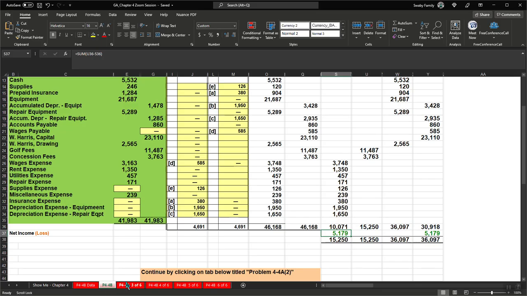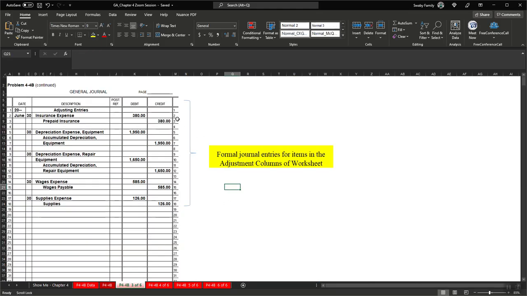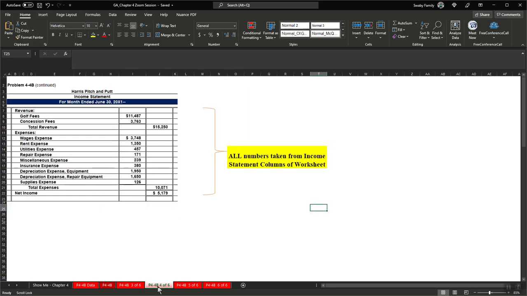And so you go next to the actual journal entries. So all of these journal entries are taken directly from the adjustments column of the worksheet. So you can see, again, all of these would be done at the end of the period, debits and credits. And then we go to the actual financial statements.